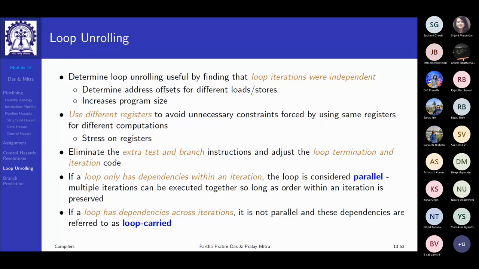So the basic requirement of registers goes up, because unnecessary constraints, which are basically anti-dependency or output dependency kind of constraints, can be removed by not using the same register for different computations. If you can give them different registers, then you will have much less possibility of data hazard, and therefore your computation will become faster, your pipeline will become faster. Obviously, the flip side is it has a stress on registers because, as you know, the registers are limited.